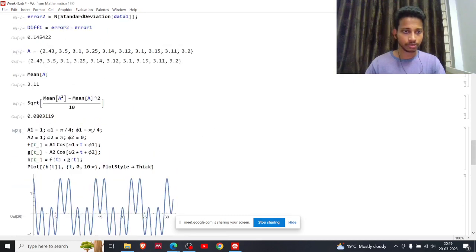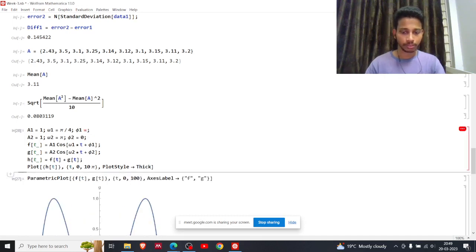See, the Lissajous figure has already changed because I have changed the frequency and the phase.